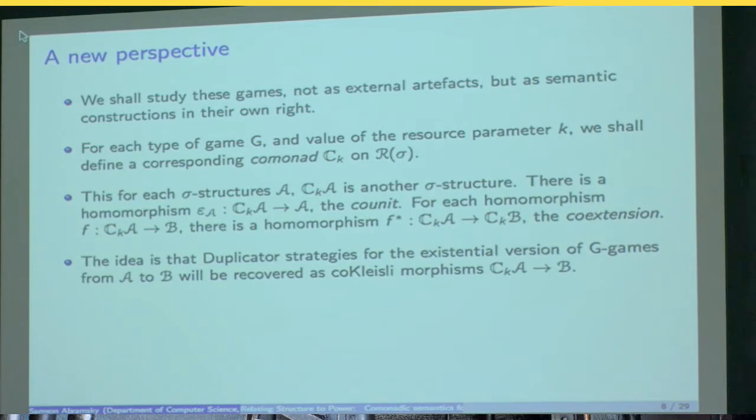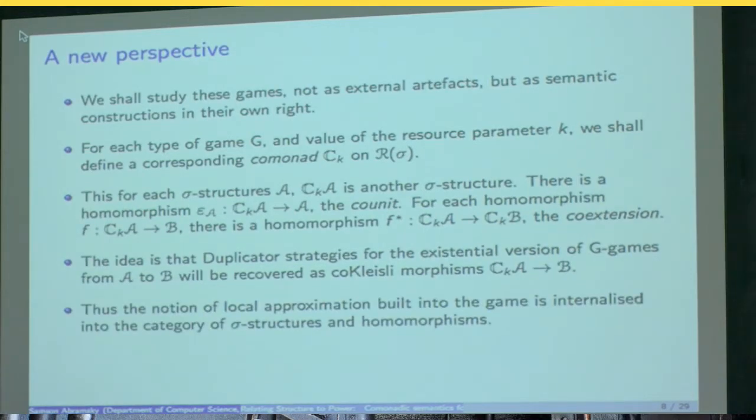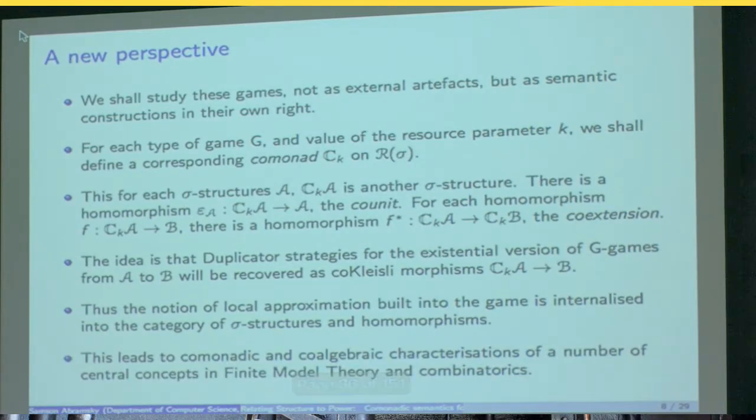And then the idea is that duplicator strategies for the existential version of the games will be recovered as Kleisli morphisms for this comonad. And therefore, the notion of local approximation built into the game is internalized into the category of sigma structures and homomorphisms.